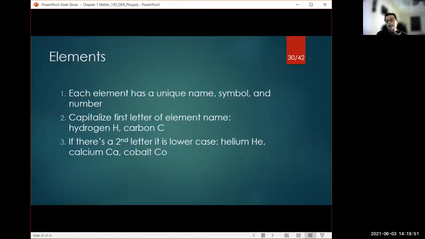And that's important too, because you don't want to mistake, for example, CO. CO, with a capital O, is carbon monoxide, whereas C with a lowercase o is the element cobalt. Totally different species.